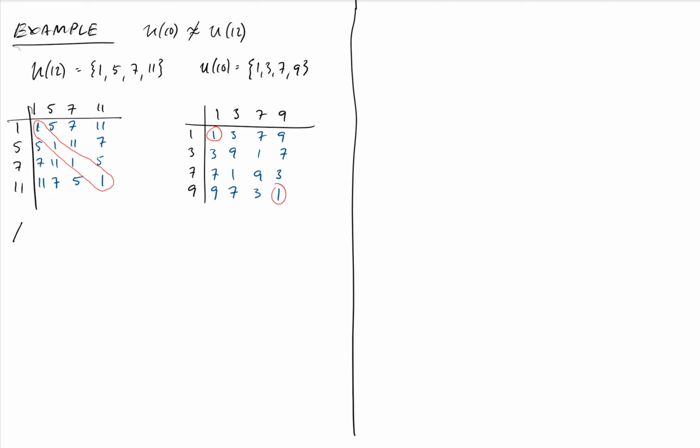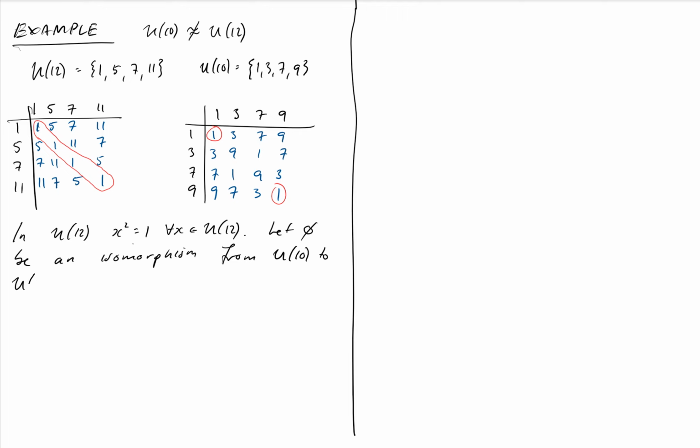So let's see how we might do that mathematically. We can say in U of 12, x squared is equal to 1 for all x. All of our elements square to 1. They each have their own inverse. So what we're going to do is let phi be an isomorphism from U of 10 to U of 12.